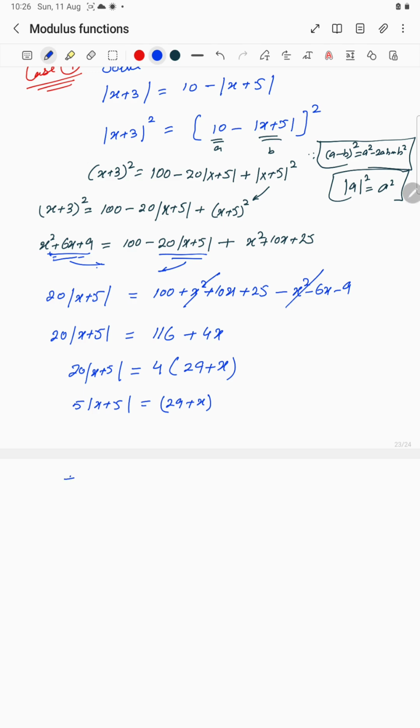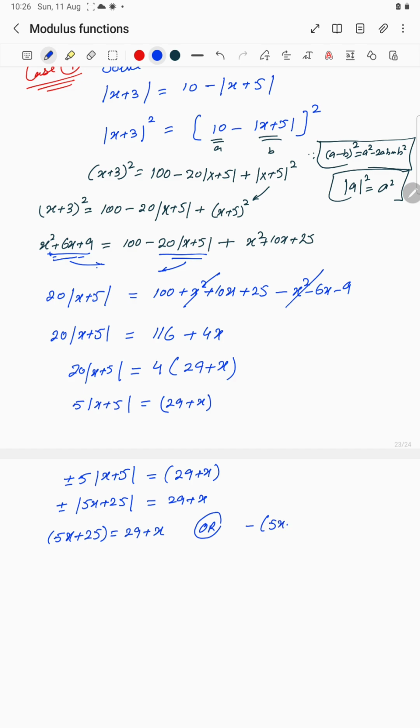If I go with plus minus, 5 times (x + 5) equal to 29 plus x, we can write it as plus minus 5x plus 25 equal to 29 plus x. So we can solve it once with positive equal to 29 plus x, or with a negative equal to 29 plus x.